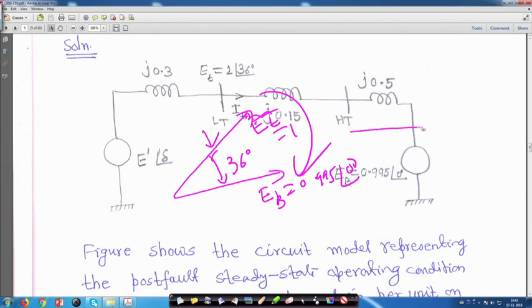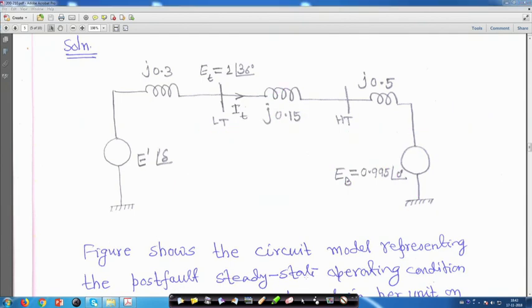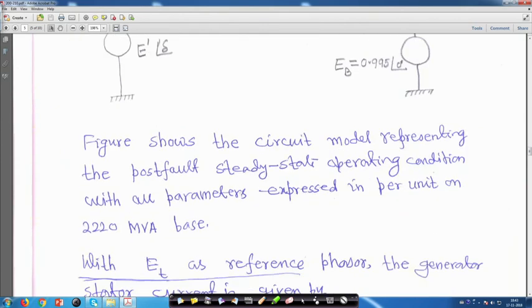So, if E t is 1 angle 0 degree, then automatically this will be E b and this angle will be 36 degree. The meaning is the same. This helps us with easy computation, and that is why we will follow that one. The figure shows this.